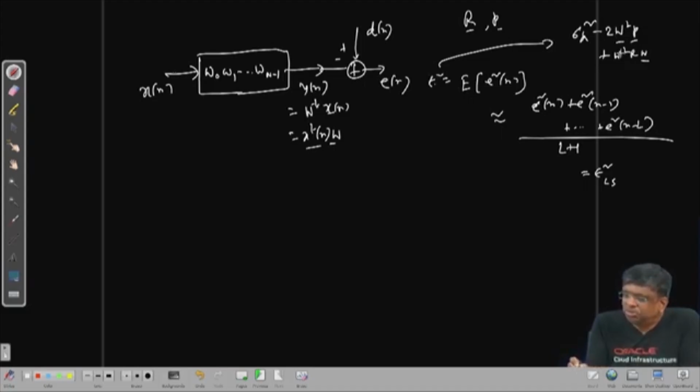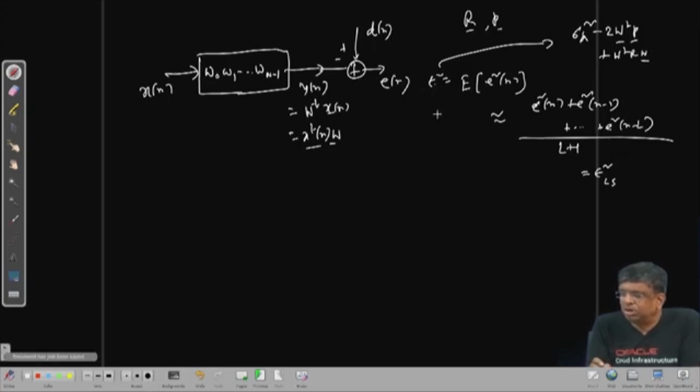So, for the same W, if I keep the same W here and now keep sending data and finding out e n minus 1, e n minus 2 and all those, then for a large L, if I take this average, I square up the output error, add them, divide by the number of terms, and let L be large. Then this, which is called epsilon square LS, will be a very good estimate of epsilon square.